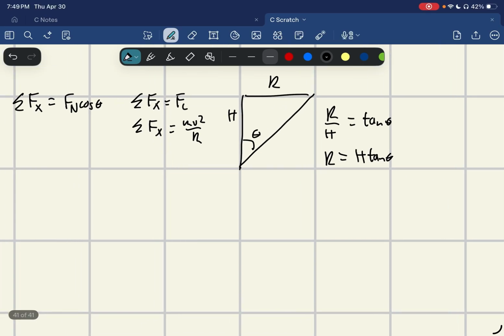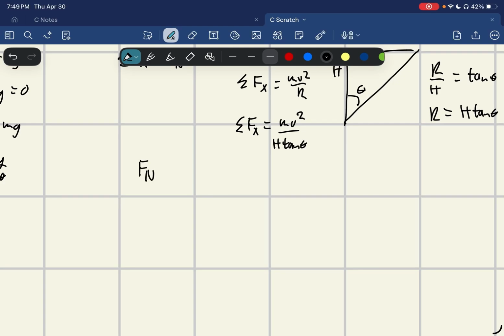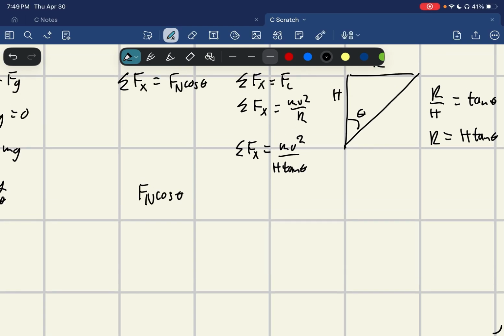So here we can replace r with mv squared all over h tangent theta. Okay, and now we can set both equations equal to each other. So Fn cosine theta is equal to mv squared all over h tangent theta.